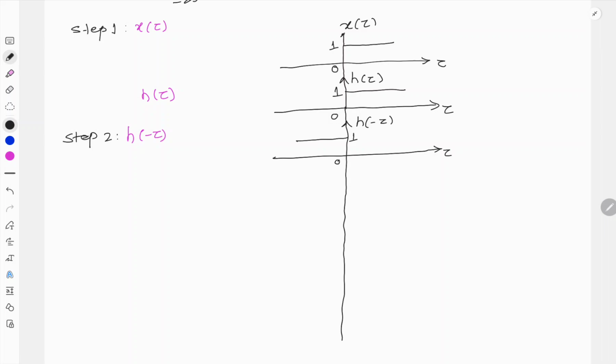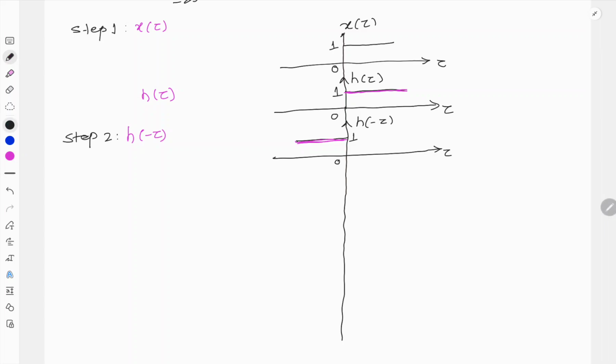We will just make one change. It is not a correction, it is just a change. I will show the h of tau signal with a different color. Let's say I will show it with the pink color. Okay, just to differentiate x and h, I have represented it in the other color.